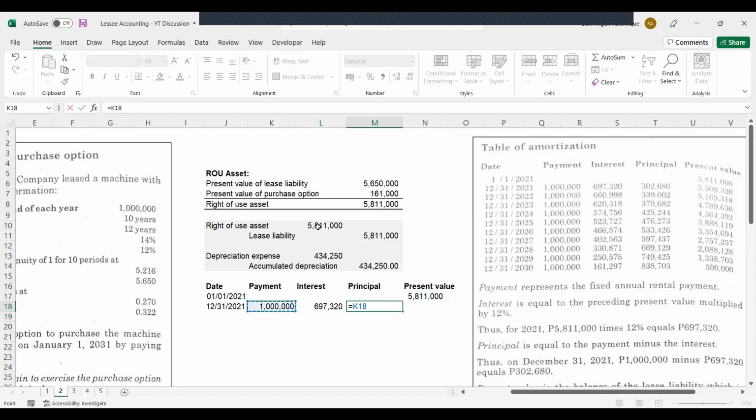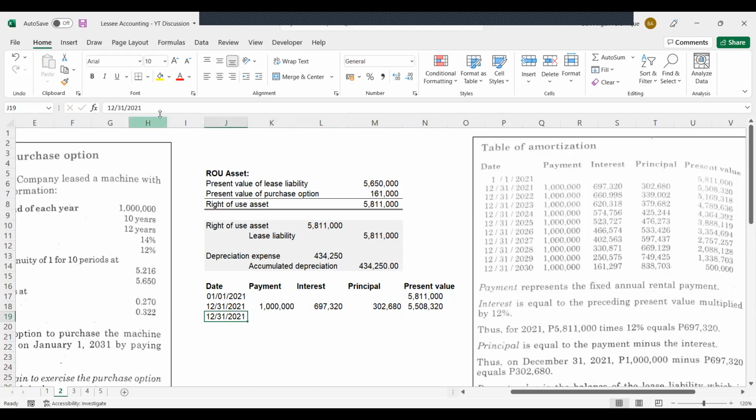So, ibig sabihin, of the 1 million payment, ang para sa principal lang dyan ay 302,680. So, the remaining carrying amount of the lease liability as of December 31, 2021 is 5,508,320. So, 10 years to pay ito. So, hanggang 2030.